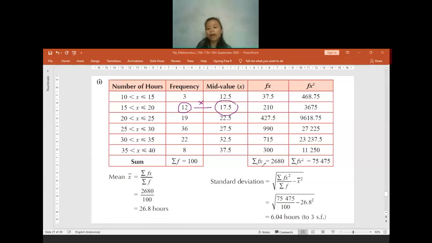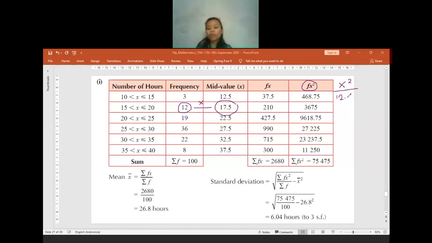After you get all of the fx, you can add them, and you call it sigma fx. Now we have to find the fx square. Before finding the fx square, if you get confused, you can find the value of x square first.